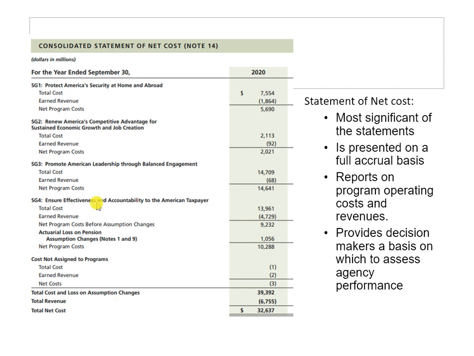And the largest cost comes from goal 3, promote American leadership through balanced engagement, almost $14 billion net cost. So the net total cost for the department is $32 billion. So this provides decision makers a basis on which to assess agency performance.